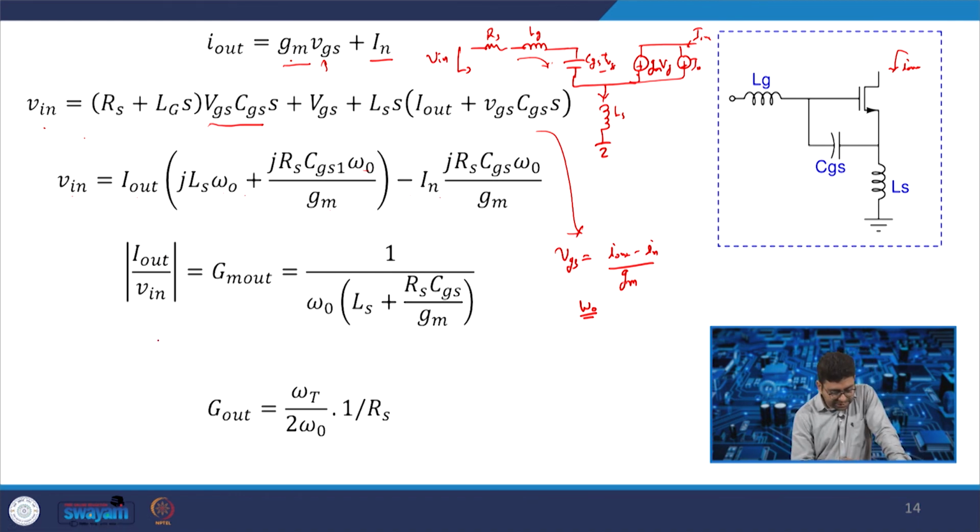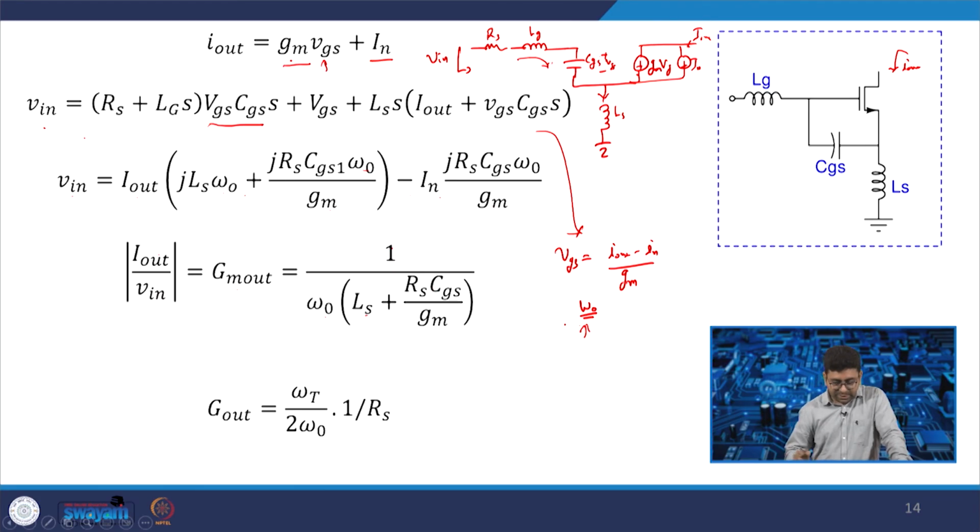So, this is Vn in terms of I out. So, we will get Gm, that is the transconductance, I out by Vn, Gm out equal to 1 by (omega naught Ls plus Rs into Cgs by Gm). So, this will happen when we have resonance.